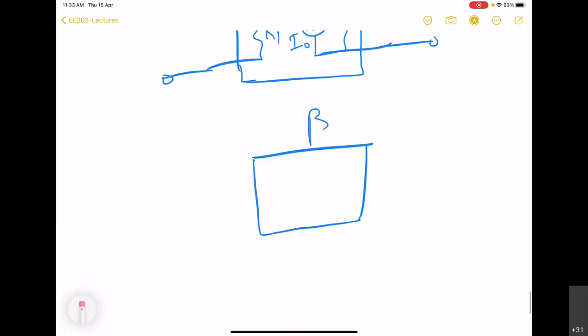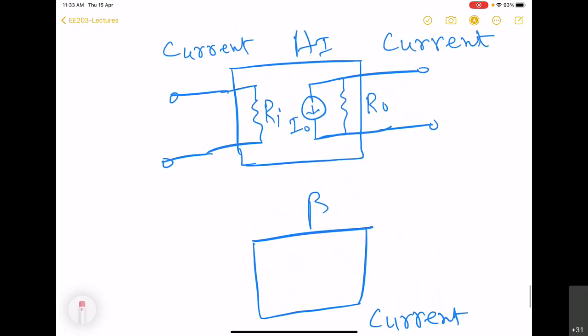We know that if it has to sense current, it has to be connected in series with the output of the amplifier. So the connection is actually now going to be like this.